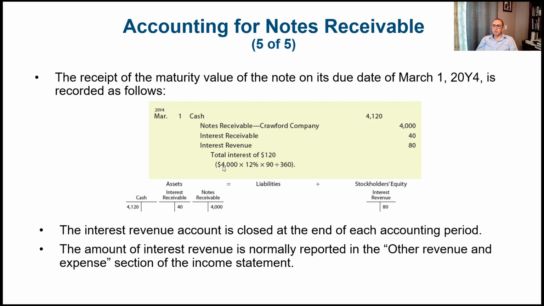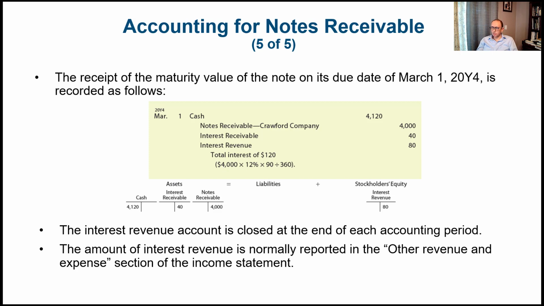The month of December belongs to the previous period, and that's why we had the interest receivable, and we're going to get rid of that. So we're going to credit the interest receivable, and then we're going to recognize the interest revenue for the current period, which is the value of the 2 months of January and February.